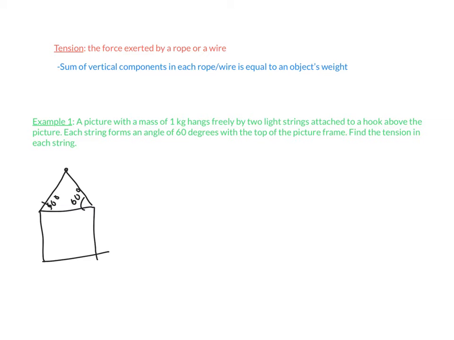First thing we need to do, we need to take our mass of 1 kilogram and use that to find our weight. So our weight is going to be either 9.8 or 10 newtons. I'm just going to use 10 just to keep it simple. That is my downward force.